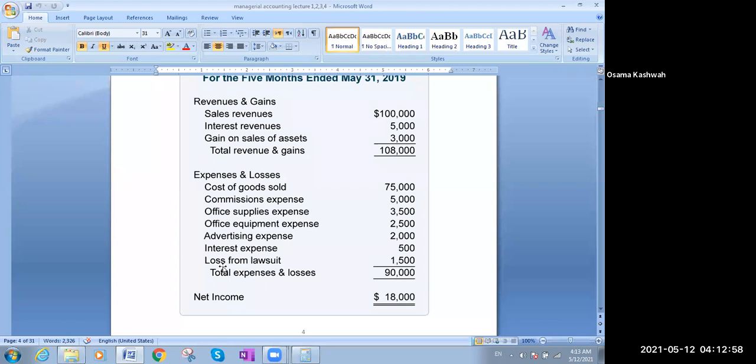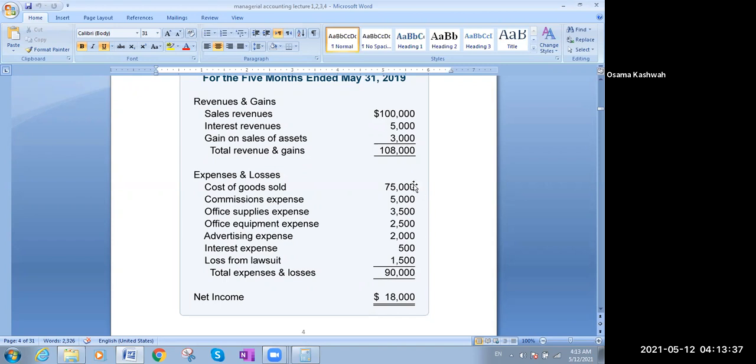Okay, less loss from lawsuits. As an example, you have some losses or whatever. It's 1,500. So the total expenses are 90,000. If we calculate those, 75,000 plus 5,000 plus 3,500 plus 2,500 plus 2,000 plus 500 plus 1,500, all will come to 90,000. So I have revenues of 108,000 and I have expenses of 90,000.